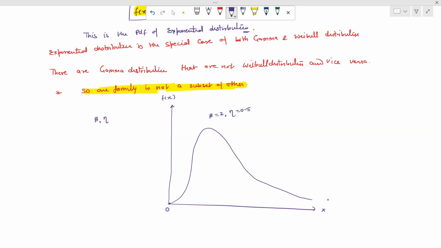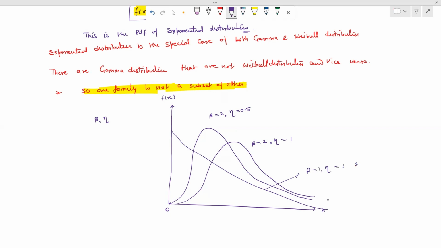Visualization we can see using R programming or similar. Here we use beta equal to 2 and eta equal to 1. Now when we have this type of shape, we consider beta equal to 1 and eta equal to 1.